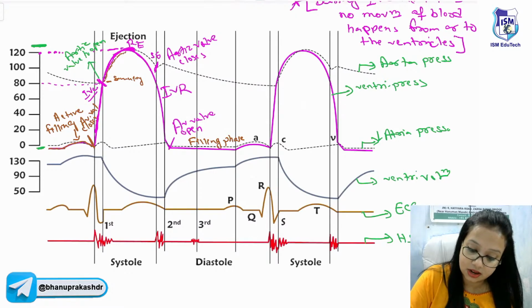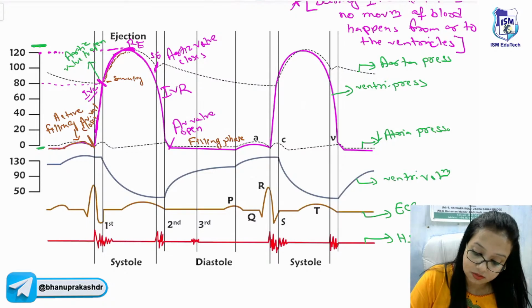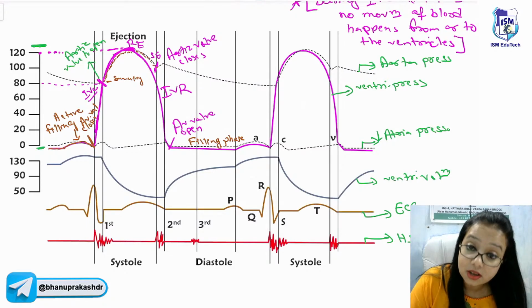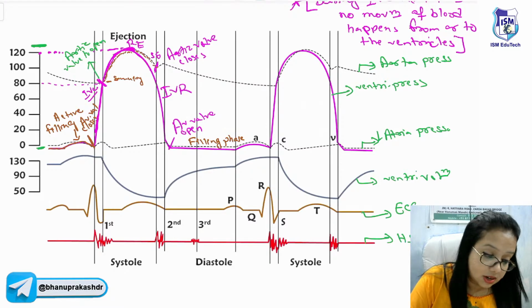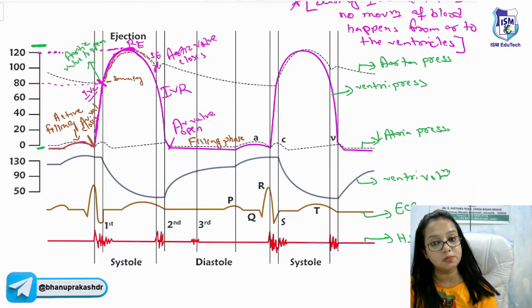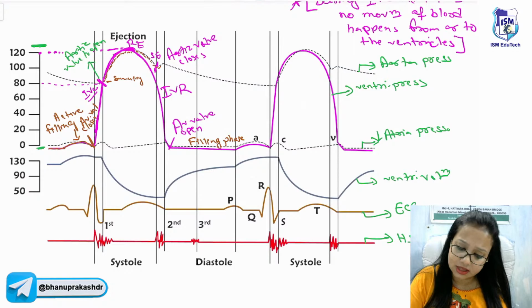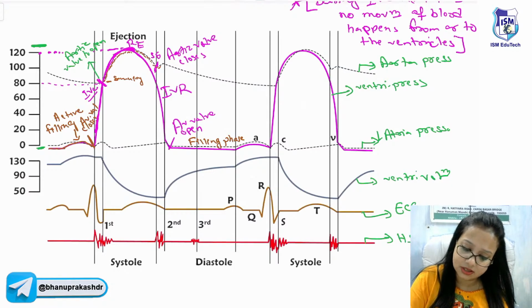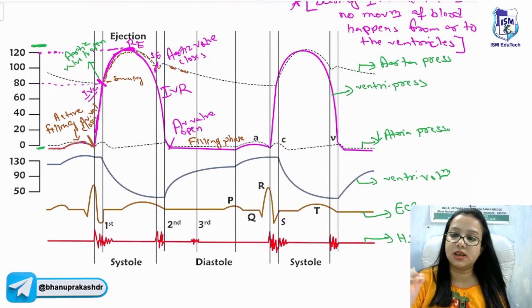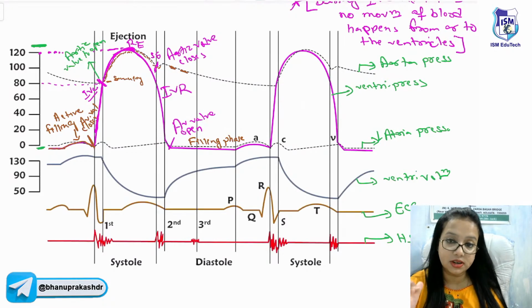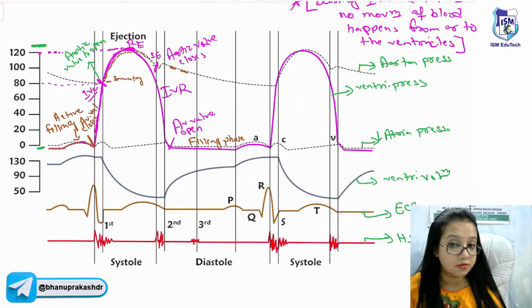Then after rapid and slow ejection, the pressure in the ventricle decreases, the pressure in the aorta also decreases, but pressure in the aorta never decreases below 80. It always maintains a pressure of 80 mmHg. And then during the filling phase, it fluctuates slightly between 80, 70 or 75, but never below that.